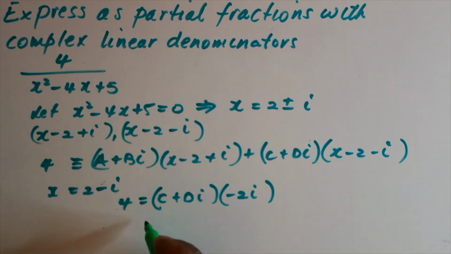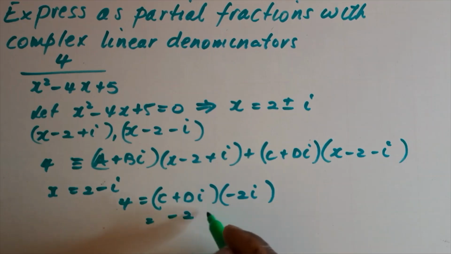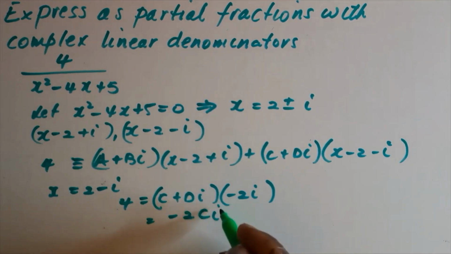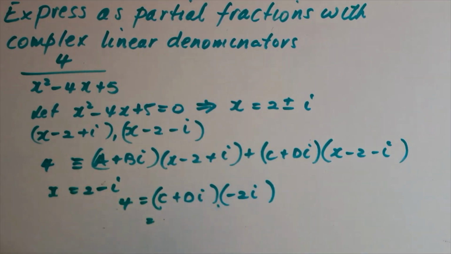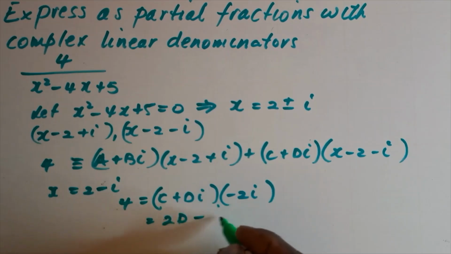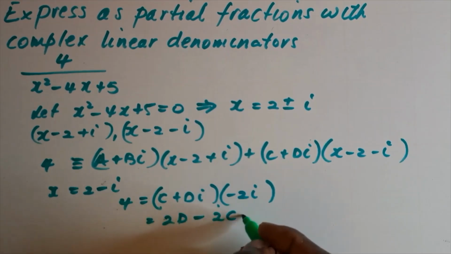And now we can write that this is equal to minus 2ci. Oh, let's write it with the real part first. It's 2d minus 2ci.